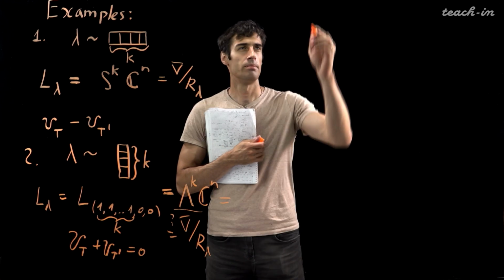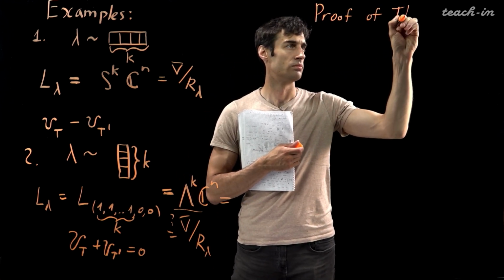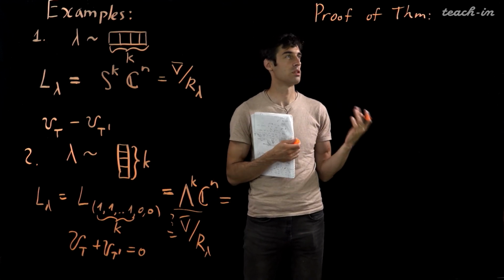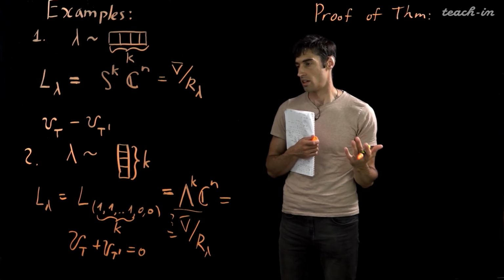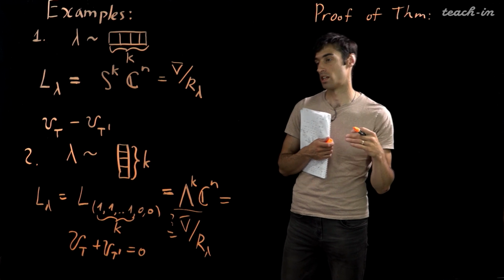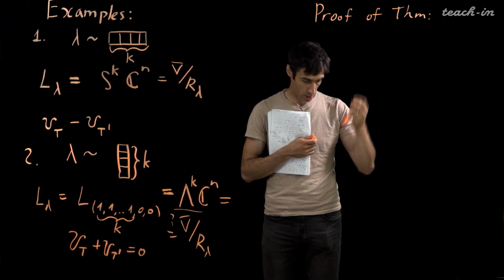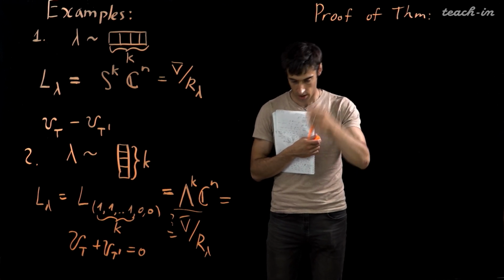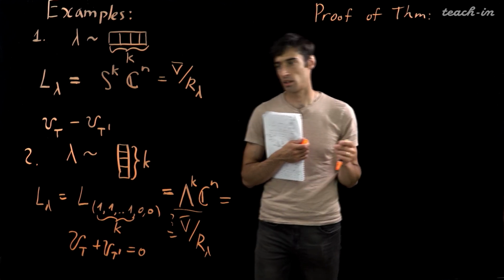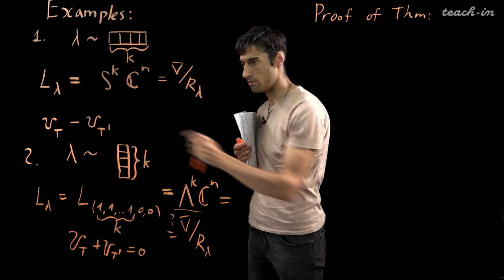Okay, proof of theorem. How can we see that some representation is actually the irreducible representation corresponding to L lambda? We might find a singular vector, the vector which is killed by Eij where i is less than j, and then see that this singular vector is of weight lambda.